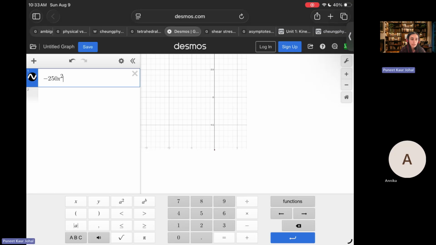Negative 250x squared plus, I forgot what I had. I think it was plus 3.20 something, and then plus 6.412, it said.